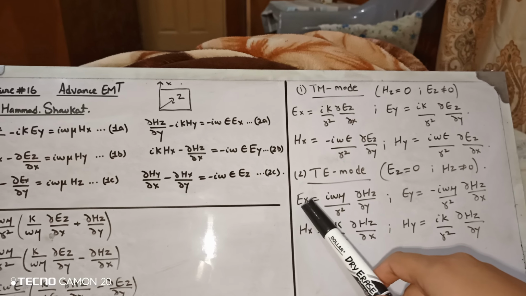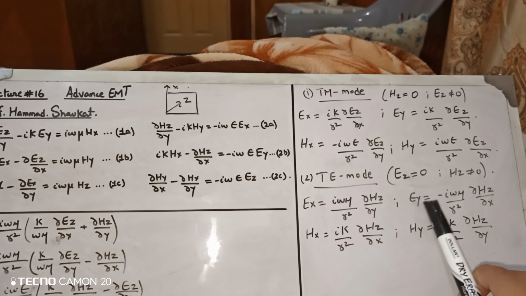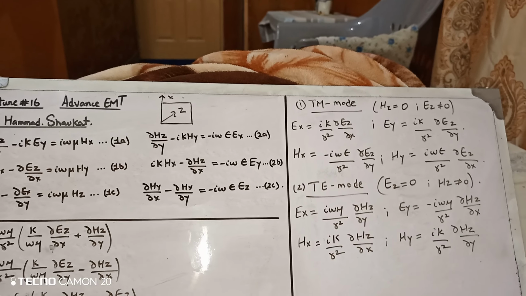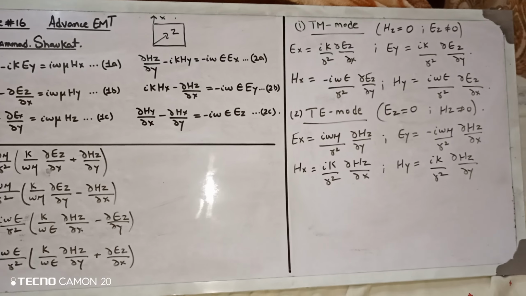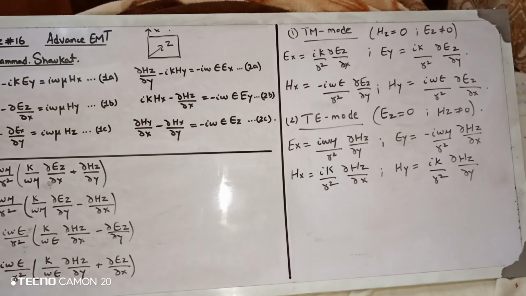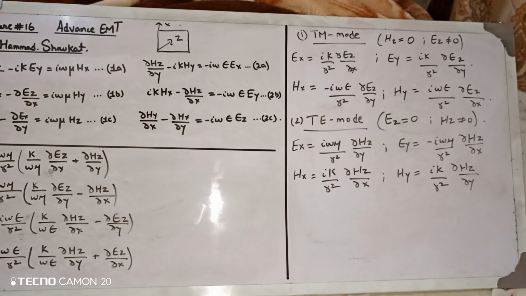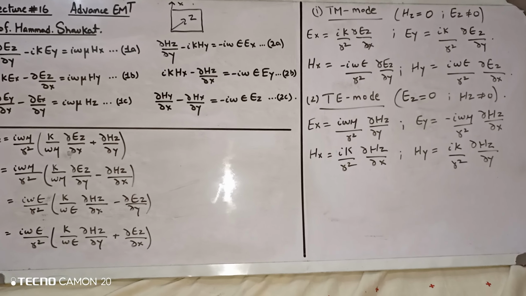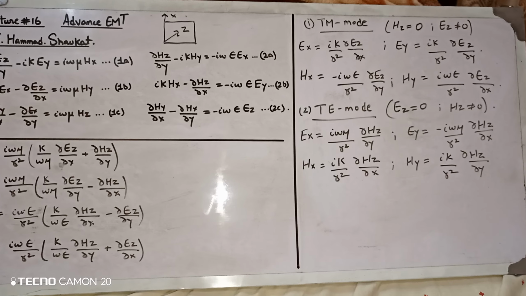So here X becomes Y, and Y becomes X. So in TM mode your magnetic field components just change, and electric field components remain the same, but for TE mode your electric field components change but your magnetic field components do not change.